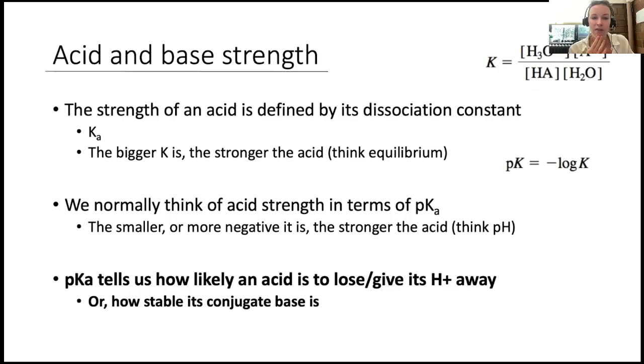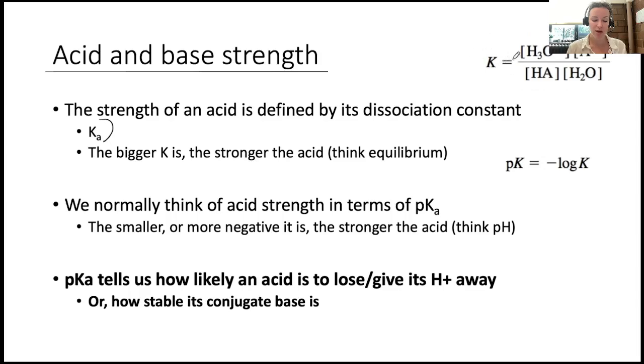So the strength of an acid is defined by its dissociation constant, or Ka. So let's just take a look at this. Use the equation real quick, but just think about what's happening here. If K is large, I'm telling you it's a strong acid.